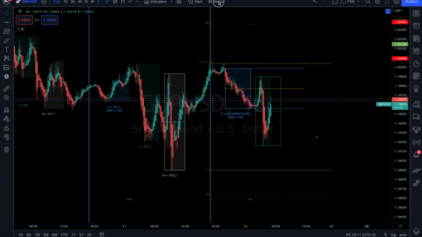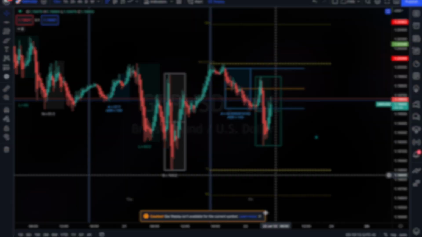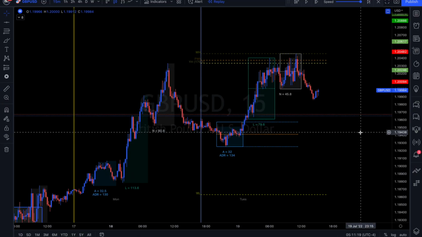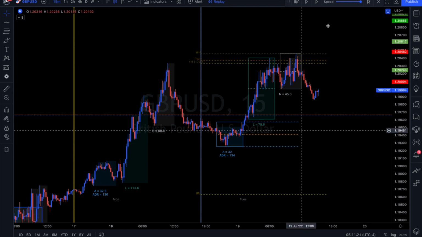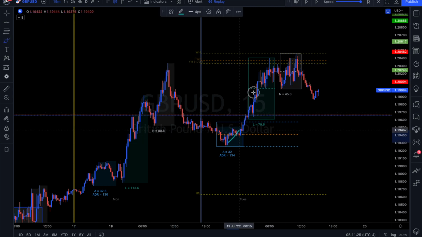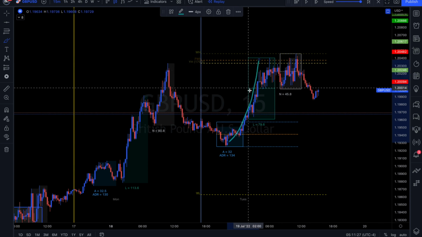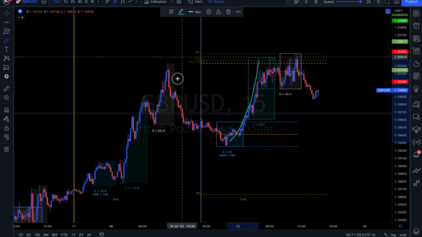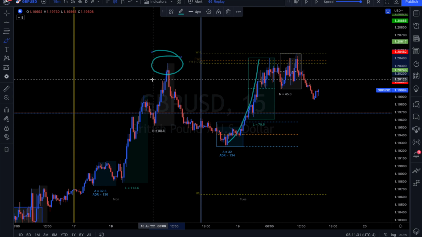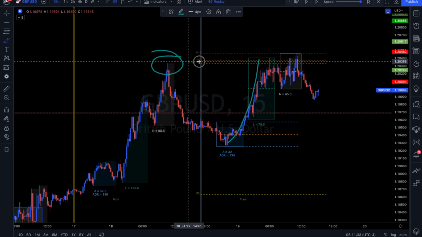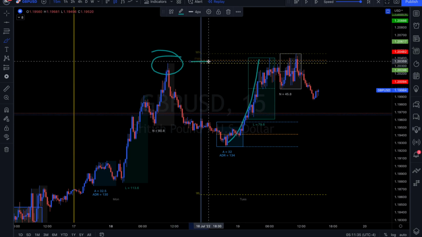All right, now if you go into replay mode, here's a good example of what I'm talking about, because look what happened. Look what price did. It went all the way up, and where did it go to? It went to the previous day structure, also the previous week's high as well.